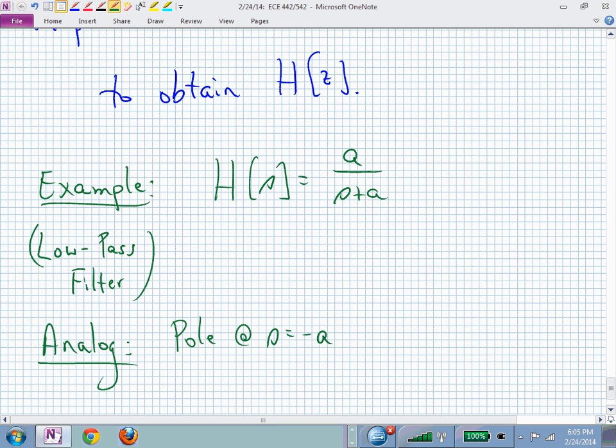So we have a pole at minus a. And in the s-plane, you could sketch this s-plane plot and put a pole at minus a. Do we have any finite zeros? Do we have any finite values of s that cause H of s to vanish? Do we have any infinite zeros?